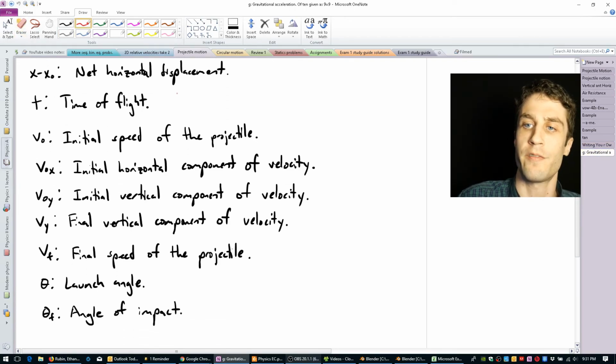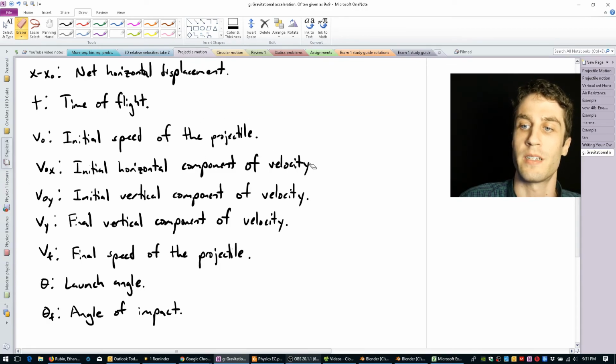Sometimes we use capital T. You basically plug it in your kinematic equations exactly as you would lowercase t, but capital T sometimes is used to emphasize that it's the time of flight, from when the projectile was launched to when it struck whatever it was launched at.